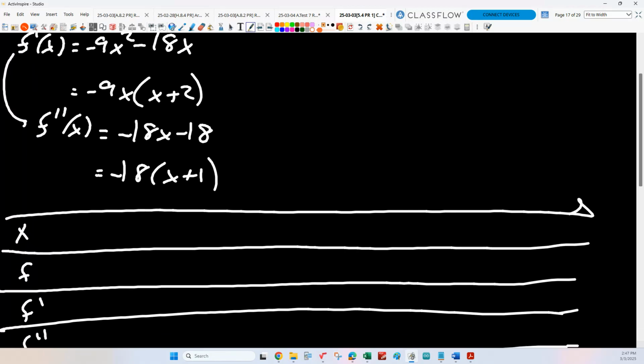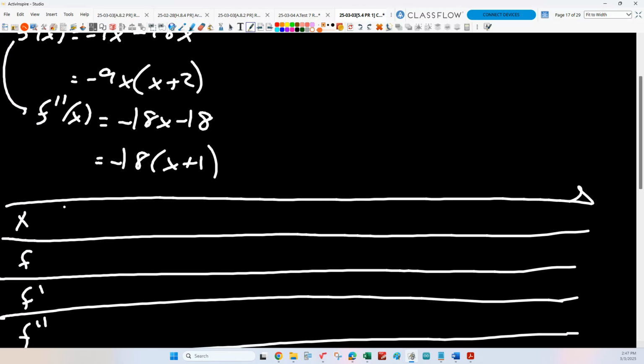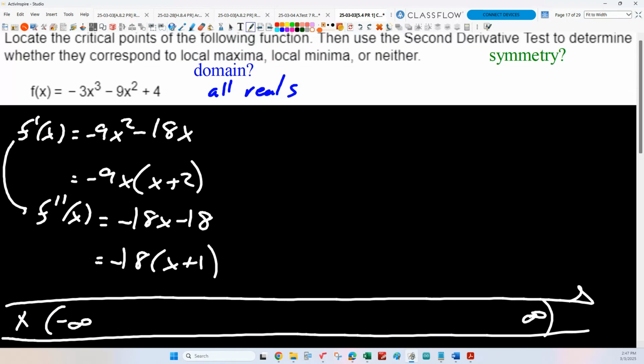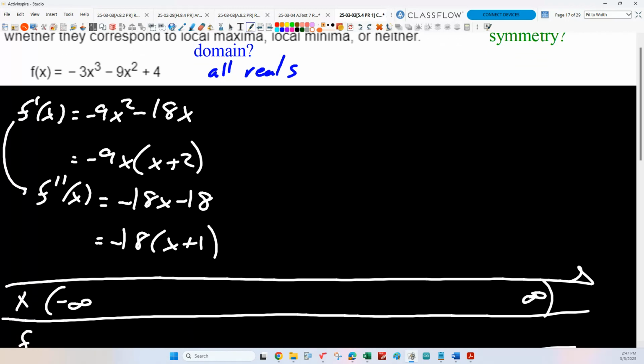Okay, you told me correctly that our domain was all reals. Okay, what are my first derivative critical numbers going to be? What are they going to be? 0 and negative 2. Yeah, okay, good.